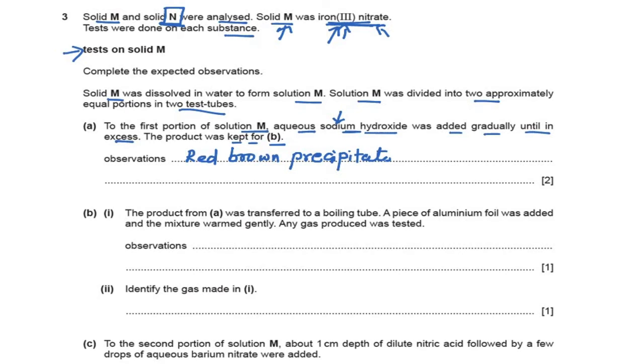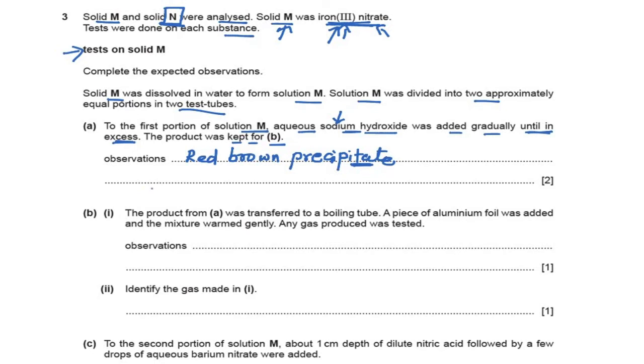But the question also says it's added until in excess, and the product was kept for B. So if it is in excess, we need to write the solubility of the precipitate in excess sodium hydroxide.